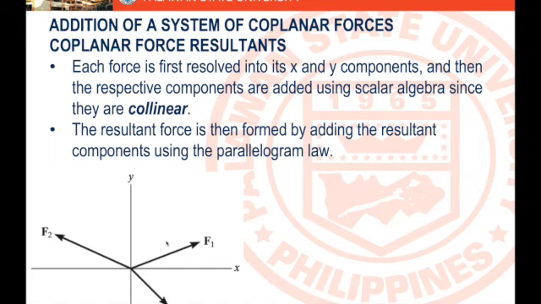So the component of F1 in y, F2 in y, and F3 in y, you can also add by just using scalar algebra. We will arrive at an answer. We will have a single x and y component, which we can further resolve, or we can find the resultant of this coplanar force system.